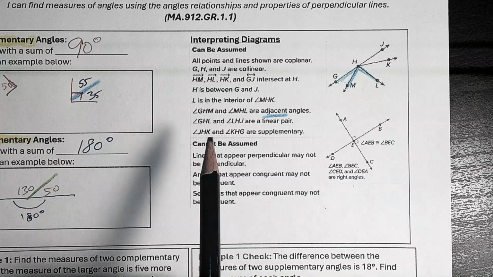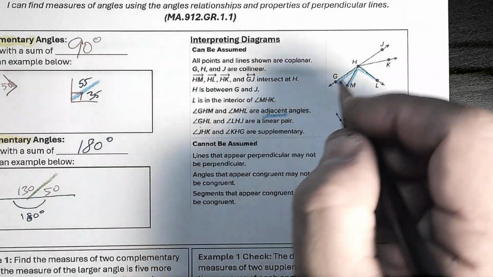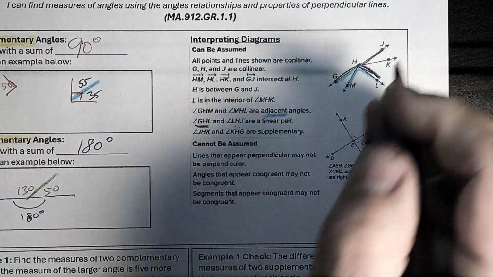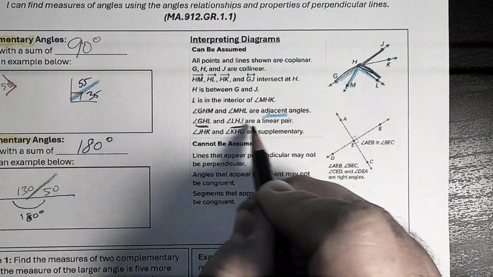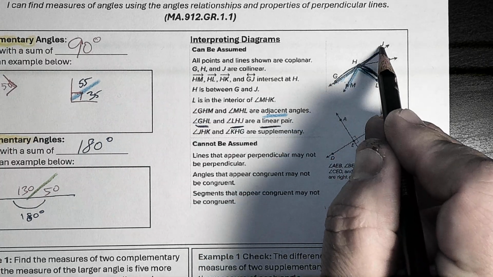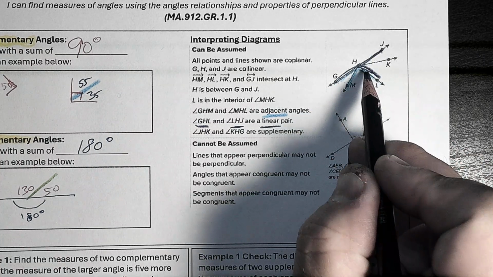Alright, so GHL. So I'm just going to go on the outside of this. GHL and LHJ are a linear pair. So you notice that G, H, and J make up a line.